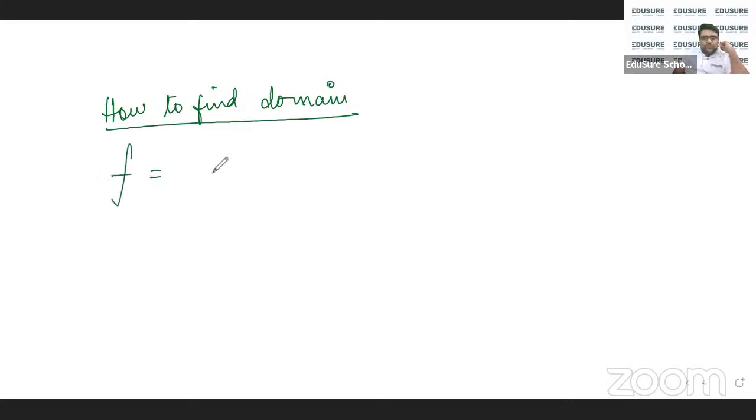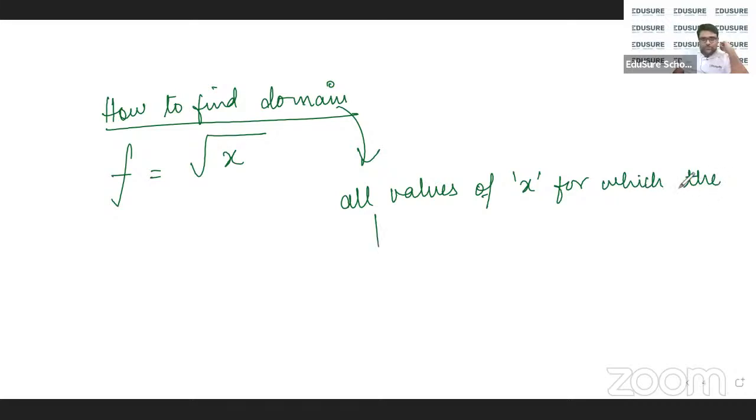Now, next, let's go into how to find the domain of a function. So if they tell you that f(x) is equal to root x, domain basically means all values of x for which the function is defined.